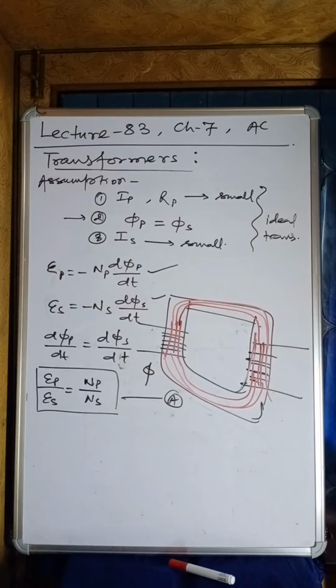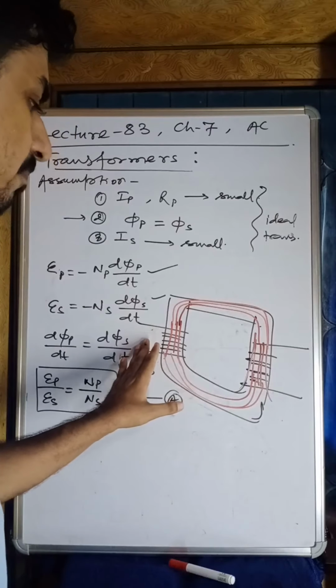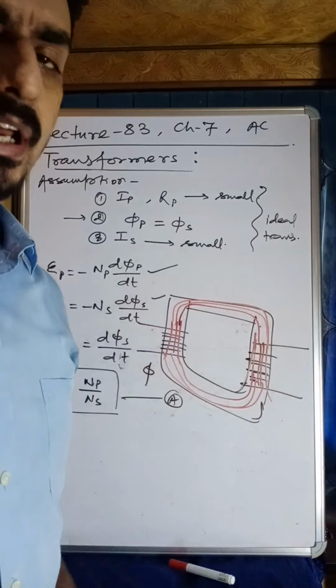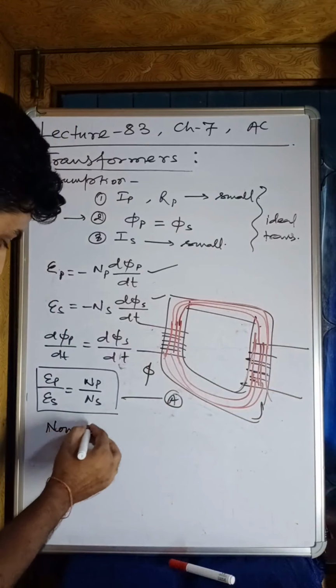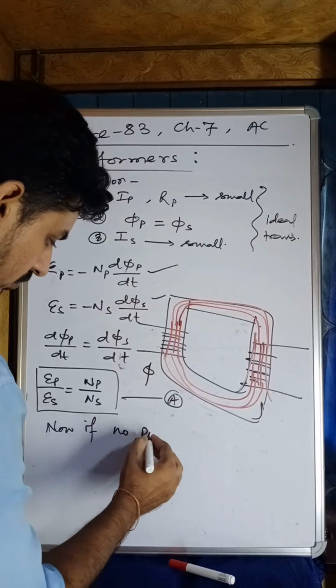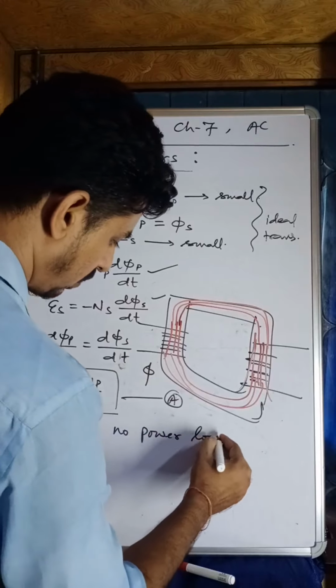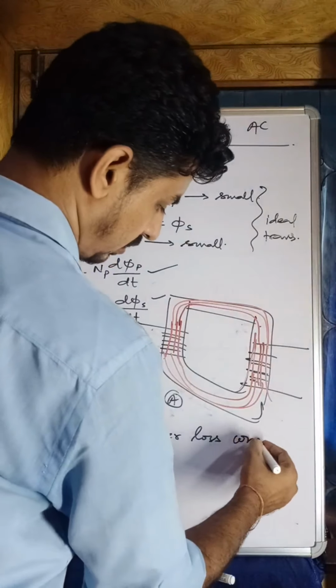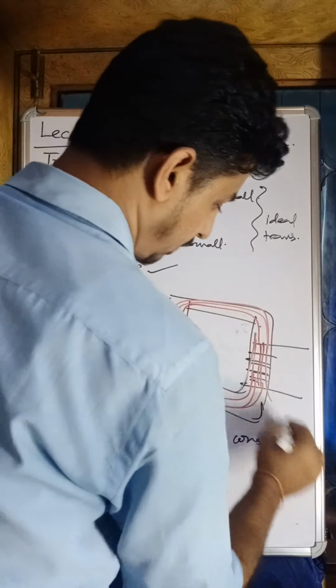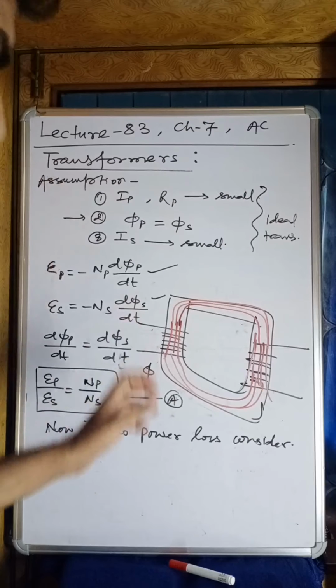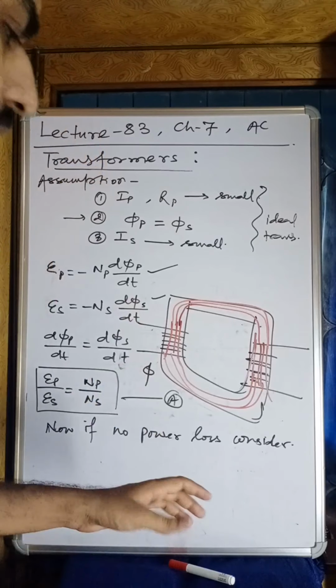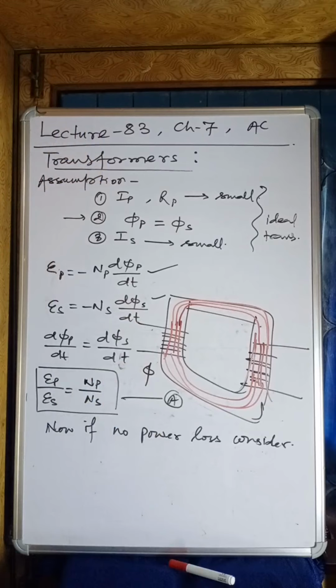Now the second thing, we know that for an ideal transformer there should be no power loss. The power at the input, that is the primary coil, should equal the power at the output, the secondary coil. So now if there is no power loss, remember this is impractical my dear students, this is totally impractical because we cannot have any transformer in which there will be no loss of power or energy.